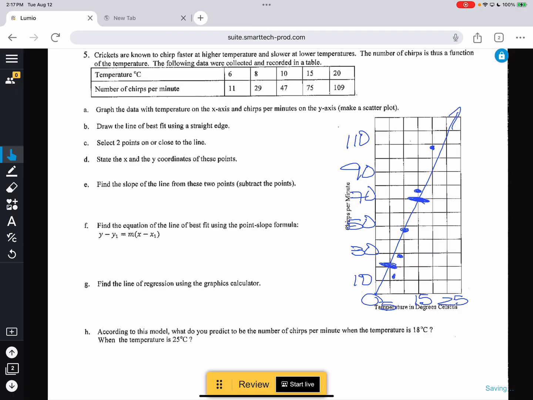Use those two, or pick your own two, find what those actual coordinates are and figure out the slope. Then you put it in point slope, and you'll find your line of regression using what we just did, putting in the data and going down to G to figure out, using the graphing calculator, what your line of regression would be.